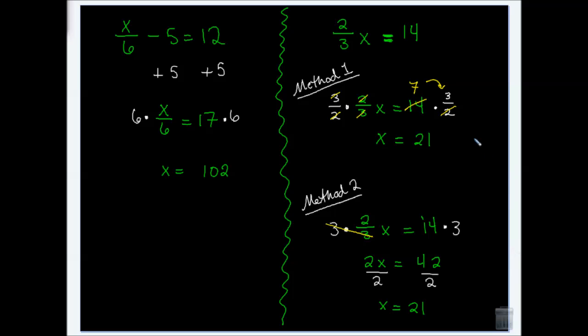Sure. Let's do 3/5 x equals 7. That won't cancel. So then I multiply both sides by 5/3.